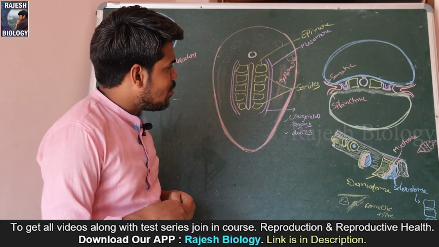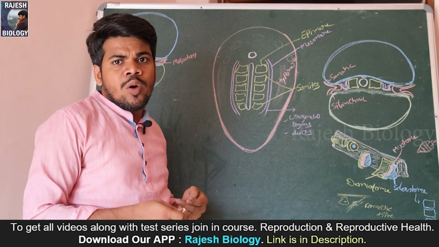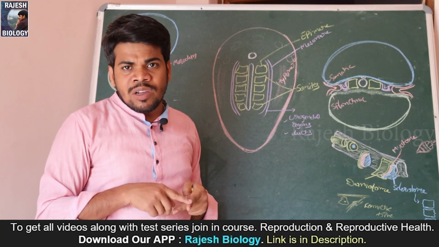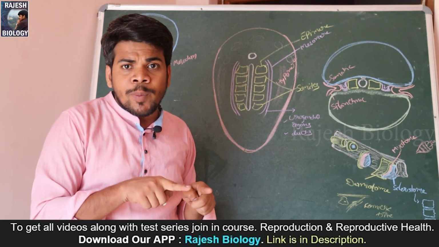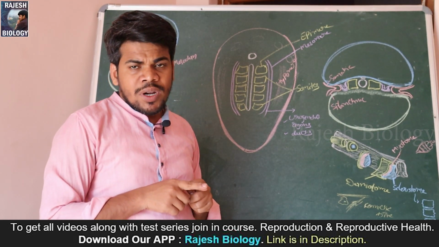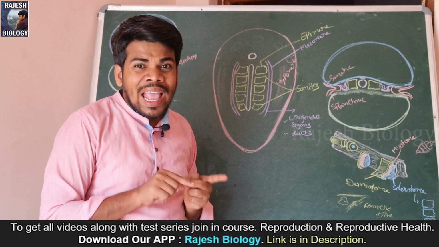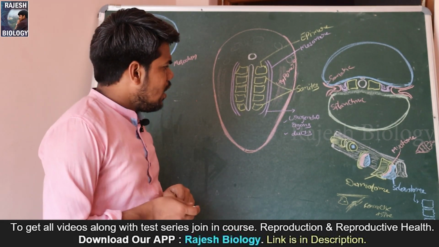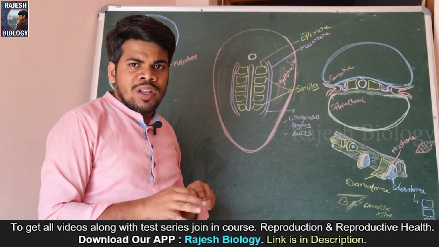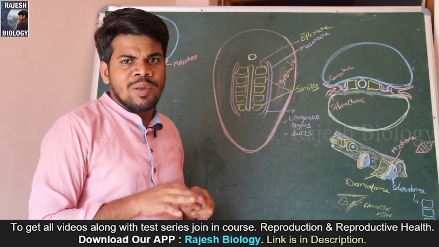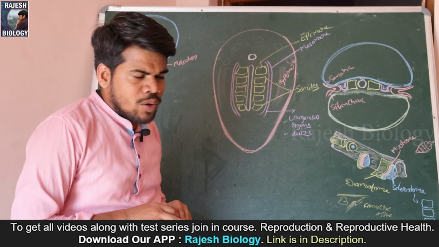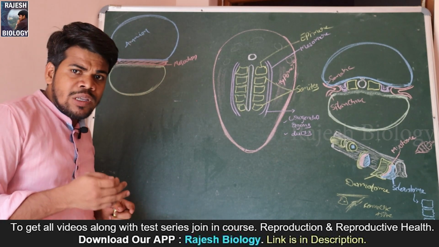Now I am going to discuss the intraembryonic coelom, how the secondary body cavity develops within the mesoderm, between the somatic and splanchnic pleura, and how the mesoderm forms different structures inside the baby, that is, differentiation of mesoderm.